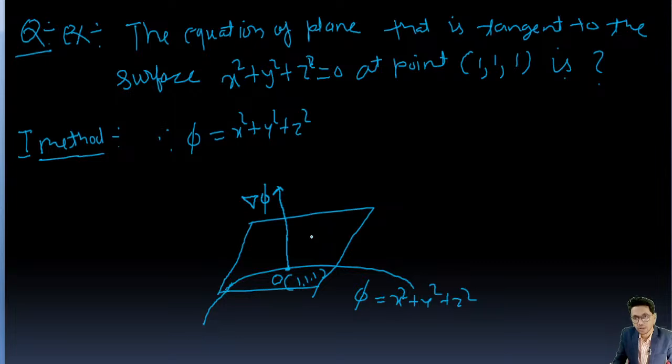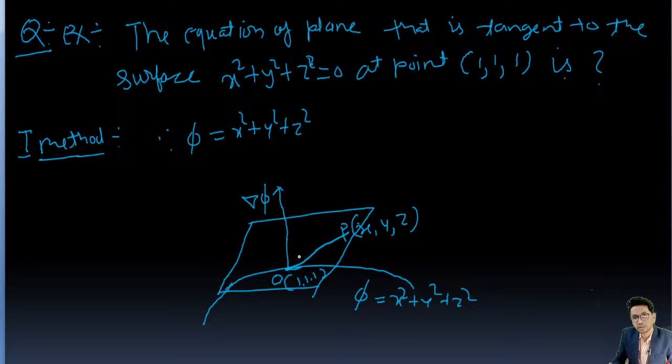For finding the equation of the plane, we'll take any point P here, and we'll consider the coordinates of P as x, y, z. Now we'll join the point P to O.